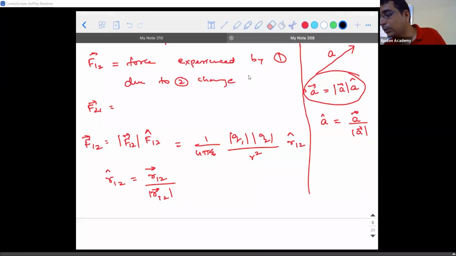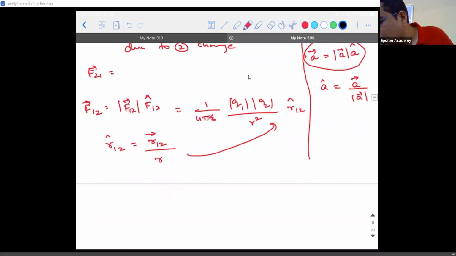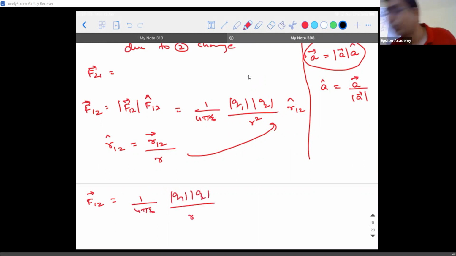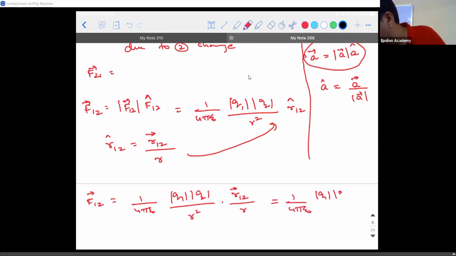Magnitude of R12 is nothing but the distance between the points A and B, which is still R. So if I substitute it here, F12 vector will be equal to 1 by 4 pi epsilon naught into magnitude of Q1 into magnitude of Q2 divided by R square into R12 vector divided by R, which is 1 by 4 pi epsilon naught into magnitude of Q1 into magnitude of Q2, the whole divided by R cube into R12 vector.